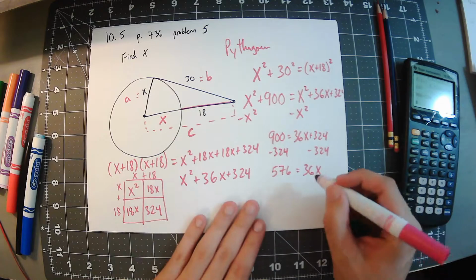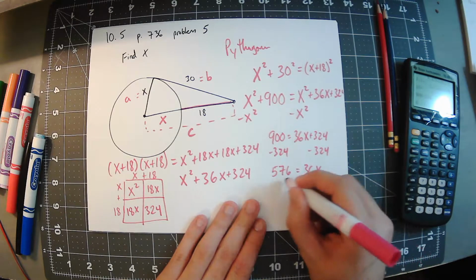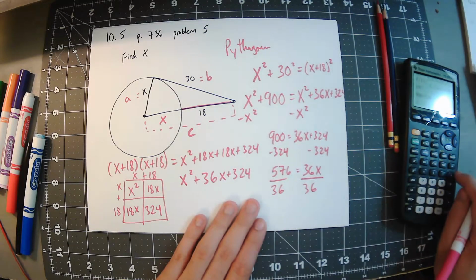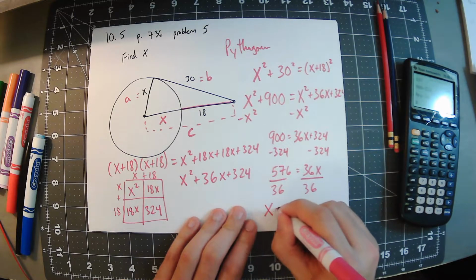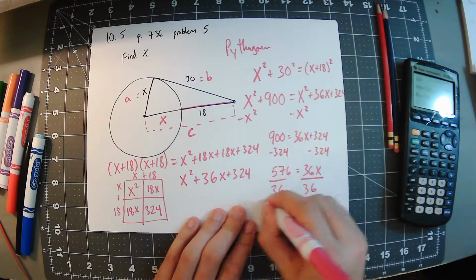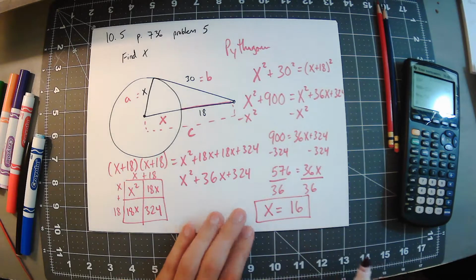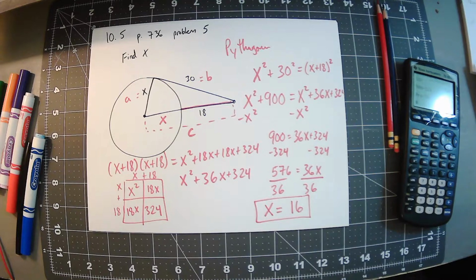Divide by 36. Divide by 36. And we get x equals 16. X equals 16. So we have a right triangle.